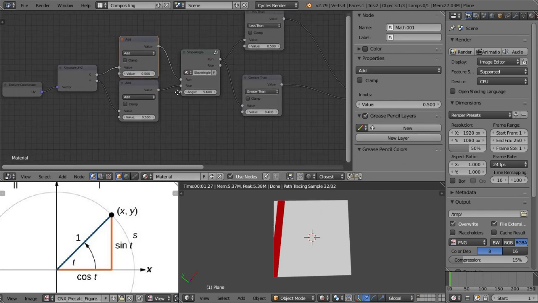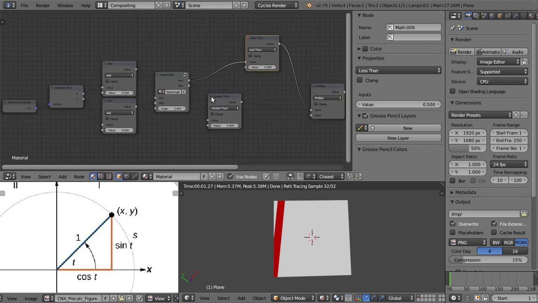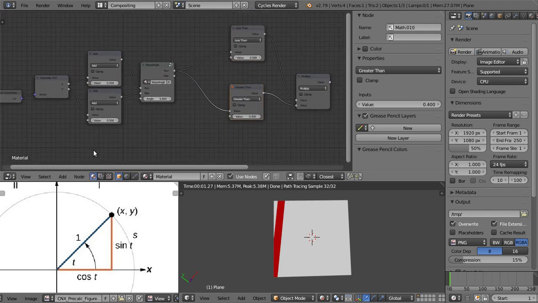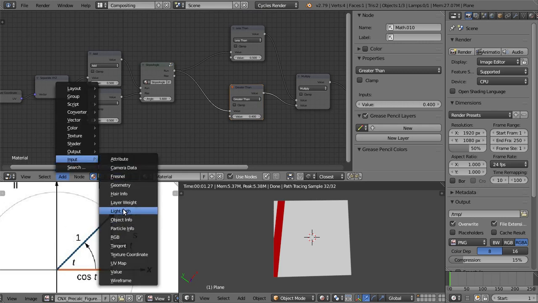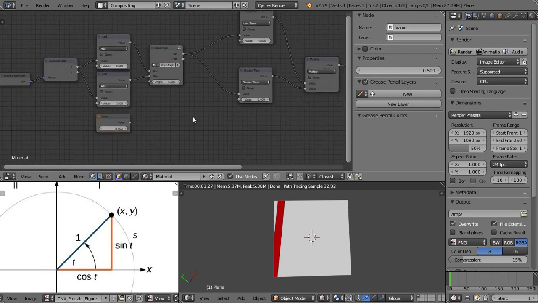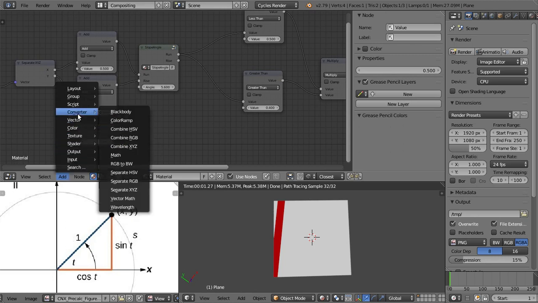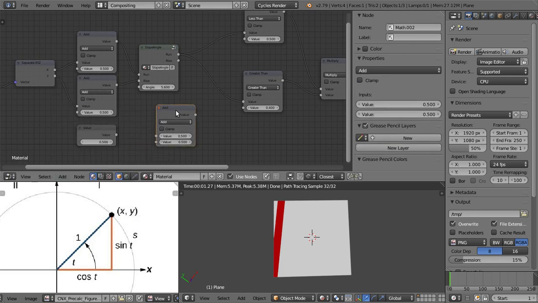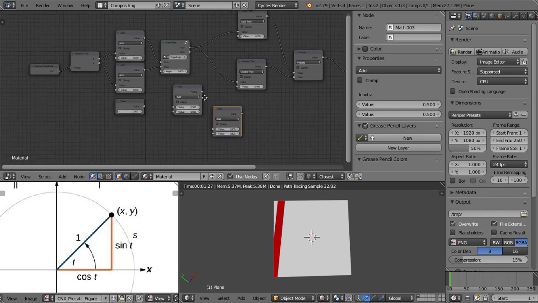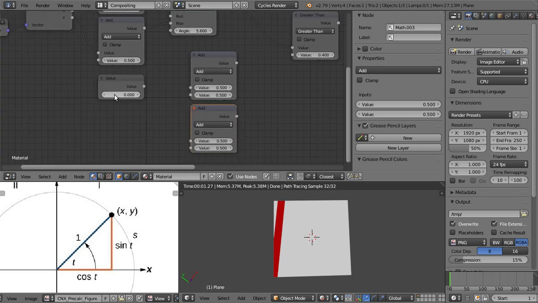Let's offset where the origin is. And let's make this a value. Start out with 0. 0, 0.